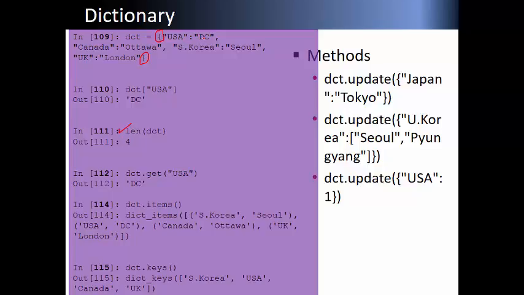You can access the value by giving a key. The first element, the left side of the colon, is the key, and this is the value. If you give me a key, I can return the value. That is the idea.